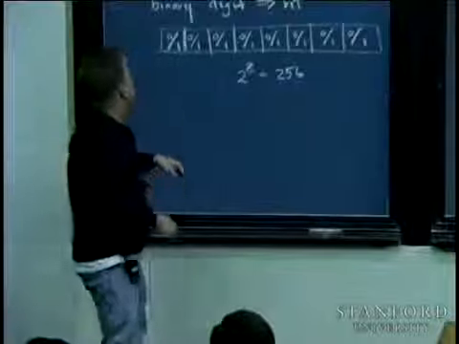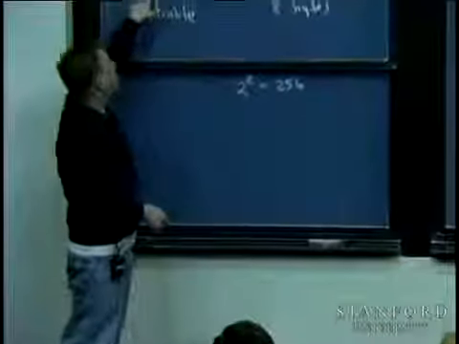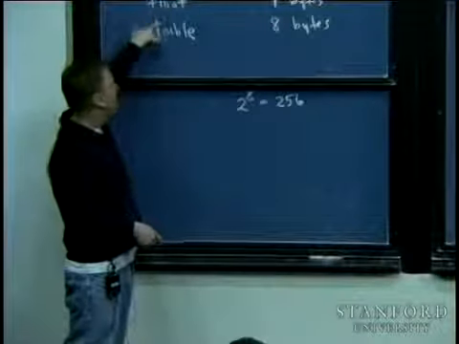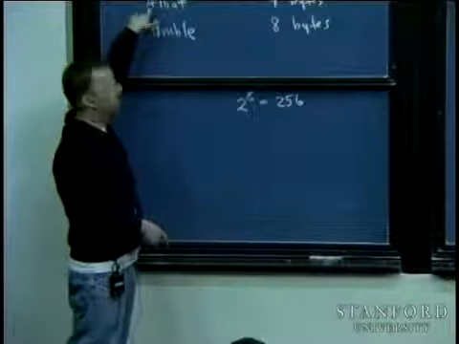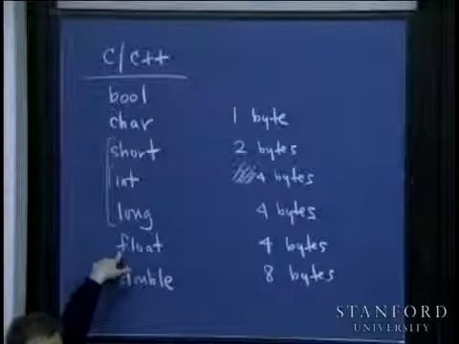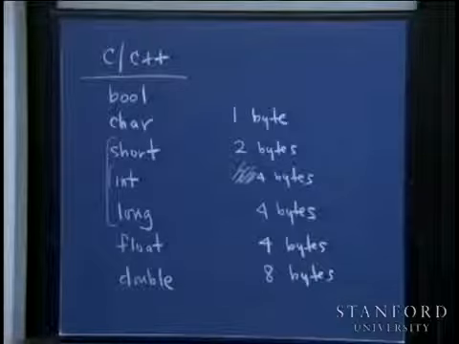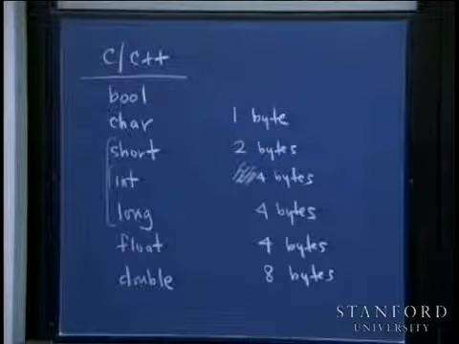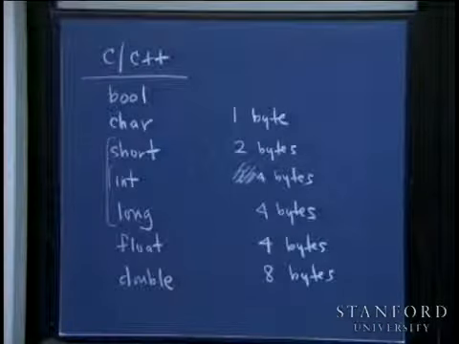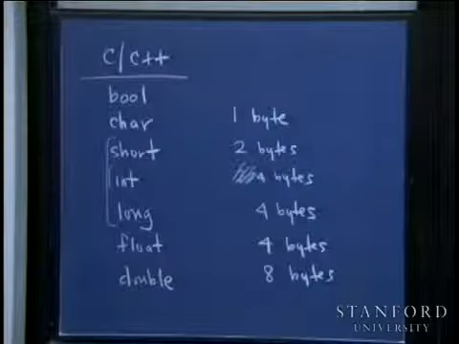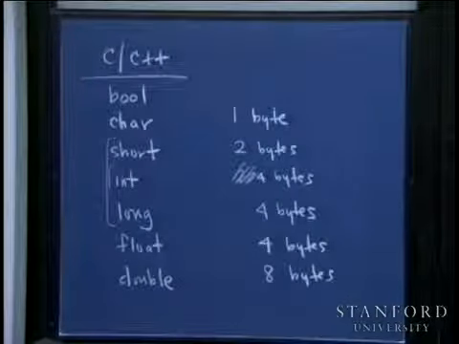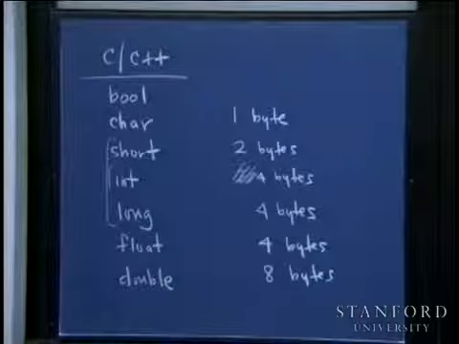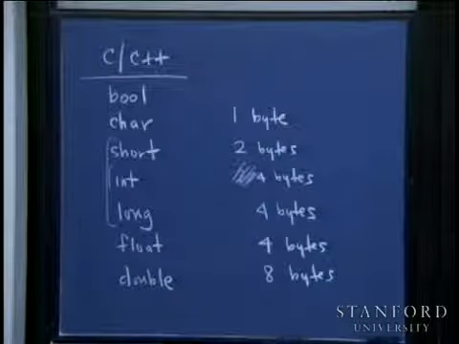When I go and start concerning myself with floats, you're probably more used to doubles, but this is just a smaller version of doubles. I have 4 bytes available to me to represent floating point numbers, integers with decimal parts following it in any way I want to. This isn't the way it really works, but let me just invent an idea here. Pretend that this is how it works.